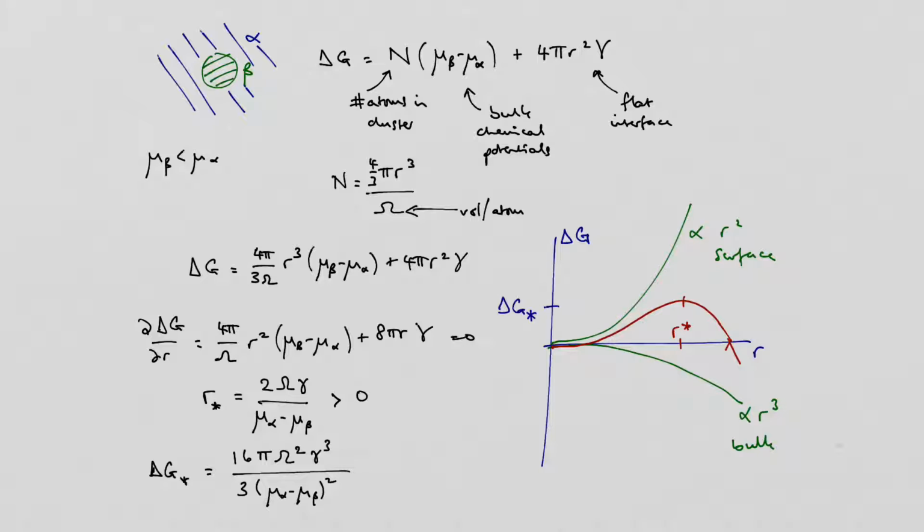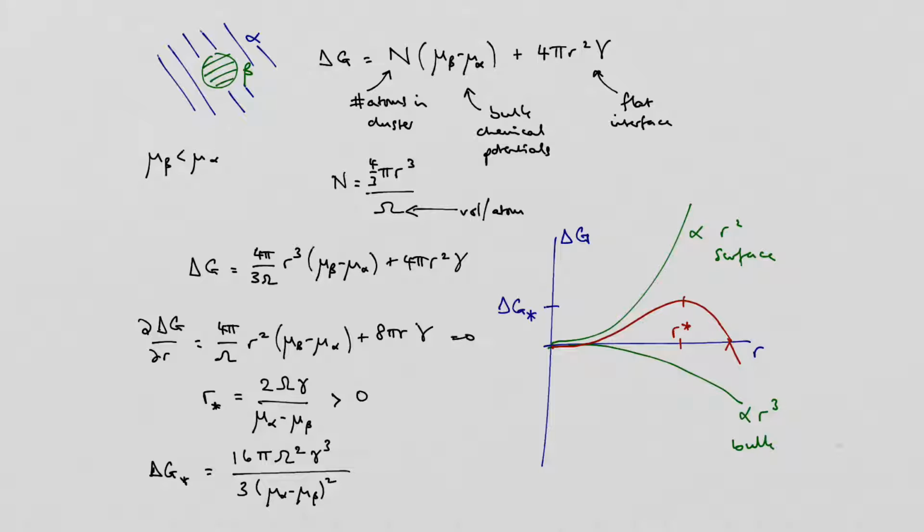So beta is more stable than alpha, but I have alpha and I want it to transform to beta. If that weren't the case, then this term here would also be positive, and so the Gibbs free energy change would always be increasing, and there would never be any driving force.